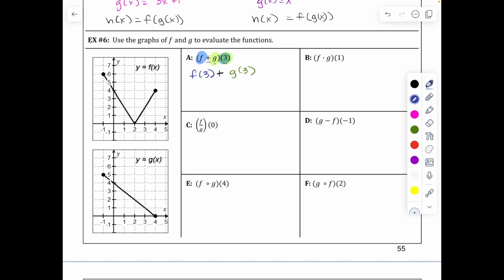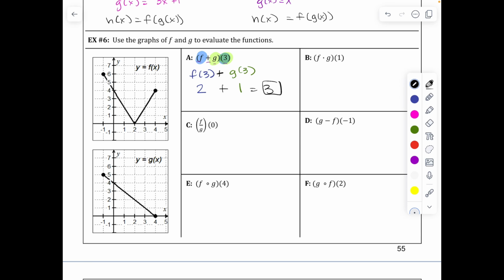So let's look at f of 3. You ready? So here's my function f. When I input 3, so we're going to go over when x is 3, we go up and we see that value is 2. And then we're going to add g of 3. So we're going to go over to the graph g of x, go where x is 3, follow it up. We get that value of 1. So 2 plus 1 is 3.